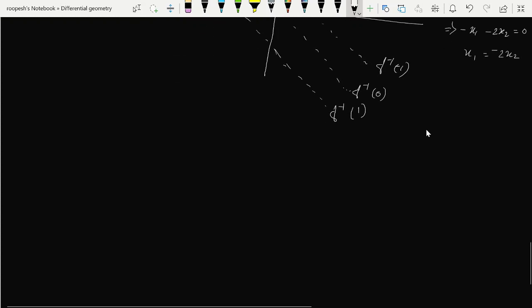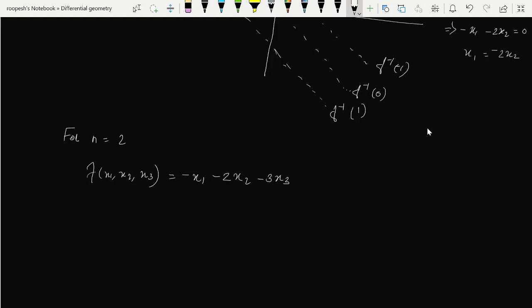For n equal to 2, we are getting f of x1, x2, x3, right? 3 dimensional space. This should be minus x1 minus 2x2 minus 3x3, right? Then when you draw this picture, a plane may come something like this.